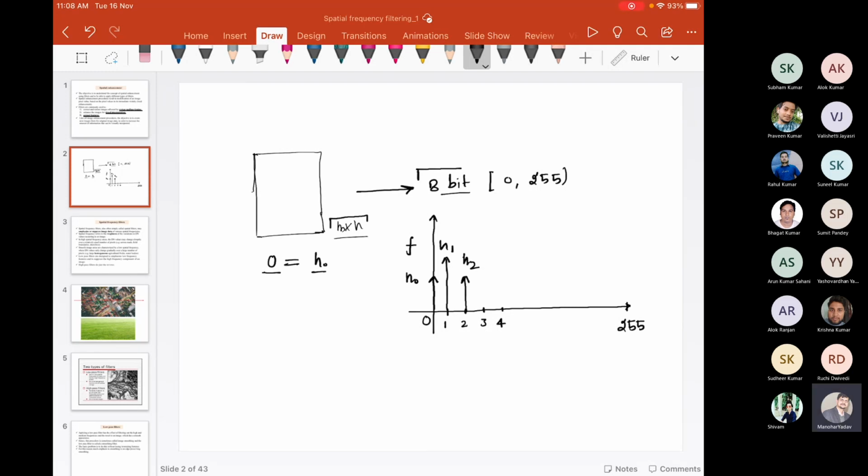So in that case, all the elements in the given image are searched to find the minimum digital number present in the image, as well as the maximum DN number.